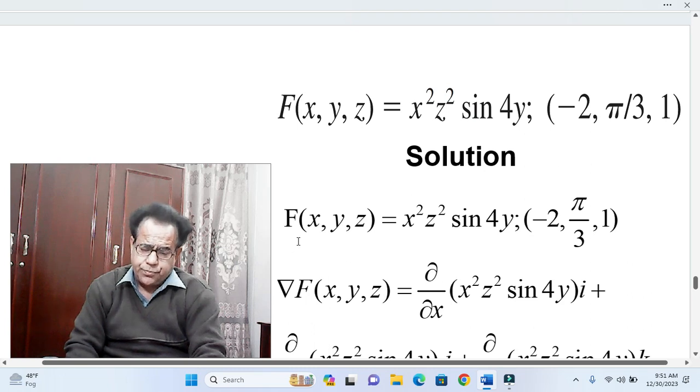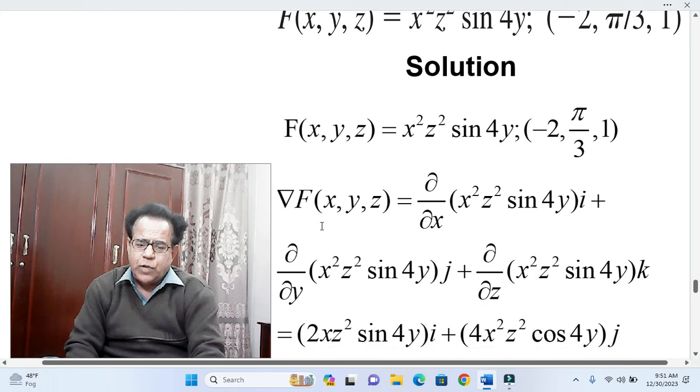Anyhow, f(x,y,z) equal to this, del f(x,y,z) equal to, here there is no mistake, here the matter is correct. That mistake was only in one problem. Here for the gradient of f, all 3 coordinates x, y, z are written, so no mistake here.